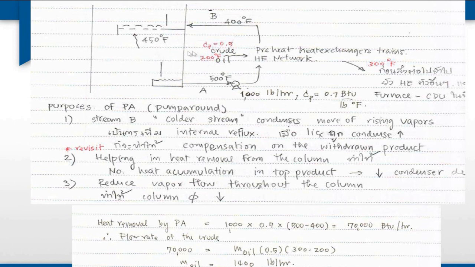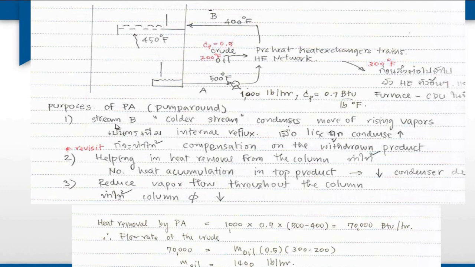The pump around stream is a liquid stream withdrawn at a point below a side stream tray that is cooled by the cold feed as part of the preheat exchanger. Three purposes of the PA are here.